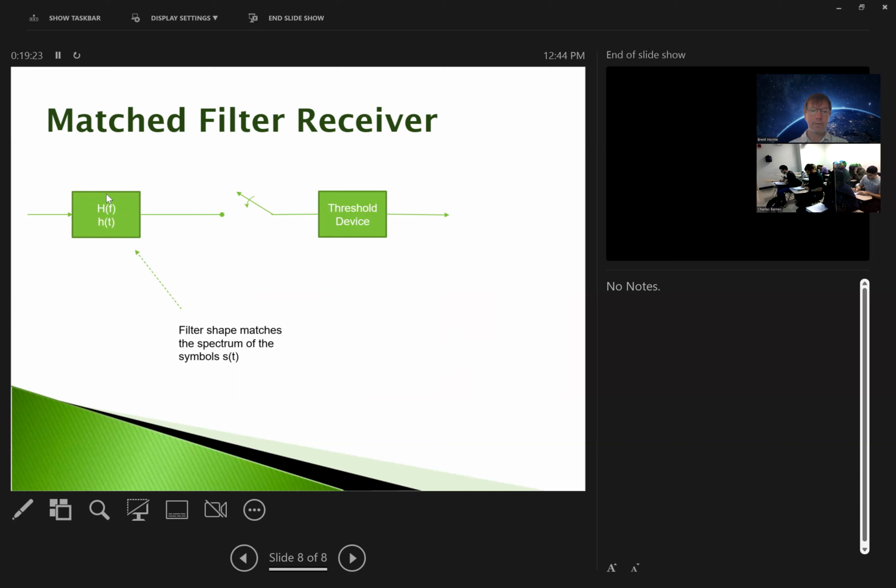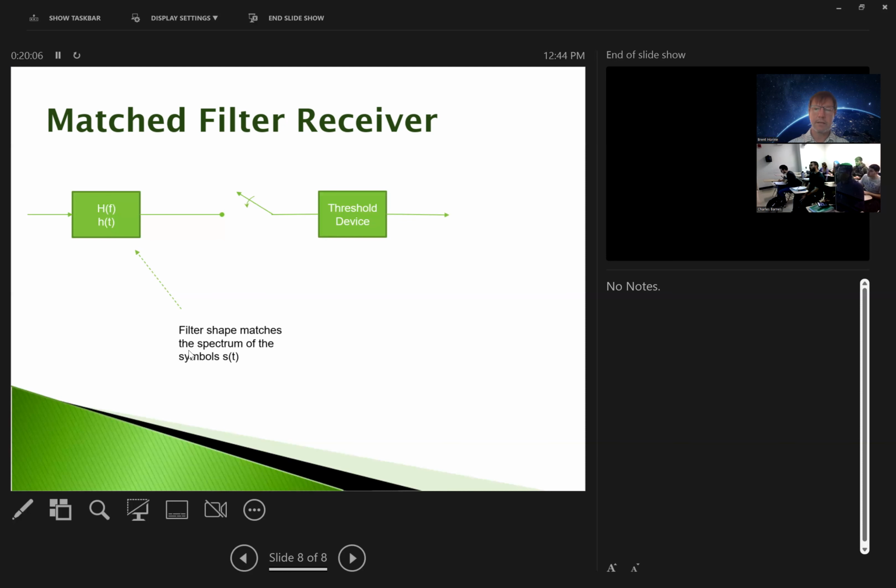And then that filter shape matches the spectrum of the symbols s(t). If it's complex, we need to do a conjugate, but for real signals, we don't have to worry about that. So then we sample it, and then we go through a threshold again. Now, this probably needs more explanation that we'll again do on Tuesday, but I wanted to introduce the big picture concepts here.